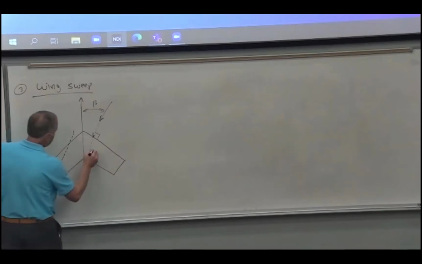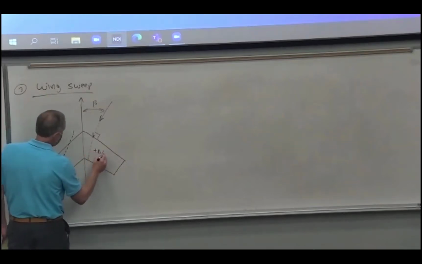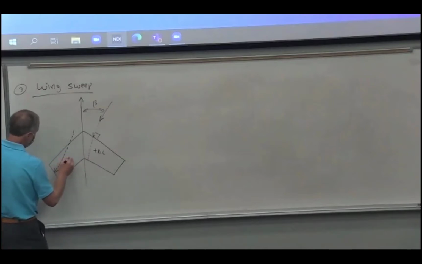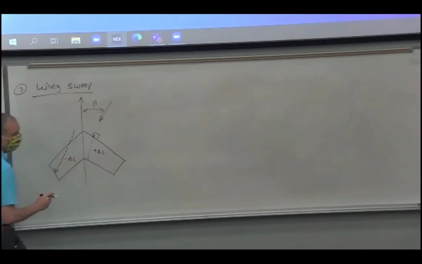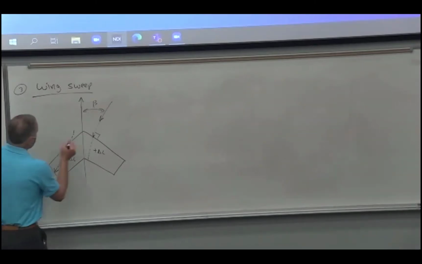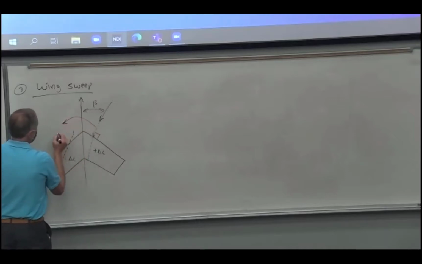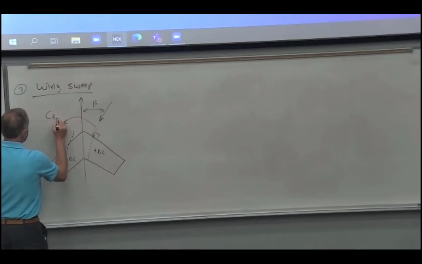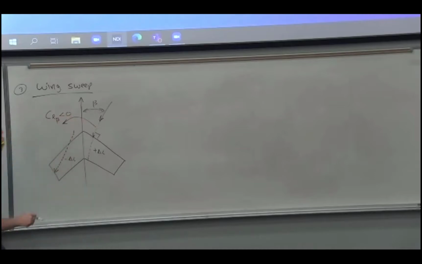And because of that, we get more lift on this side because you get more flow across the airfoil. Whereas on this side, you don't get a whole lot. You get a loss of lift because of that span-wise flow. So again, with wing sweep, you'll get a stabilizing CL beta.